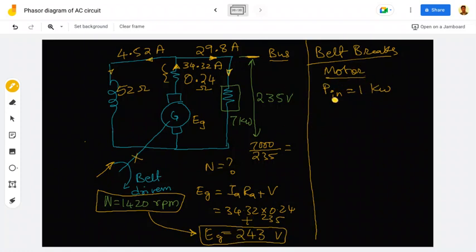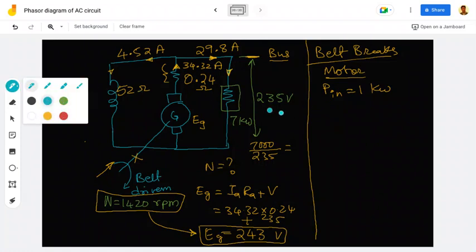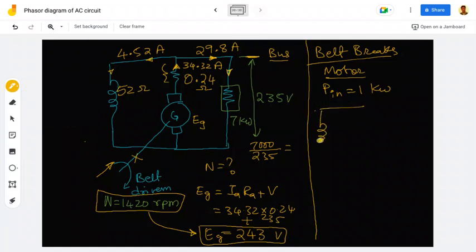Here again notice that there was no question about what the losses or the efficiency are, so we are not calculating all that. Now, power in. Let me make a small drawing again. This part will be the same, and this is M, and this is 235 volts.